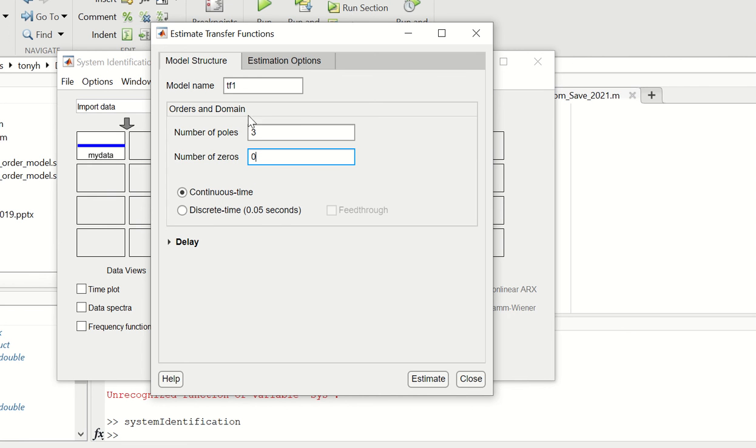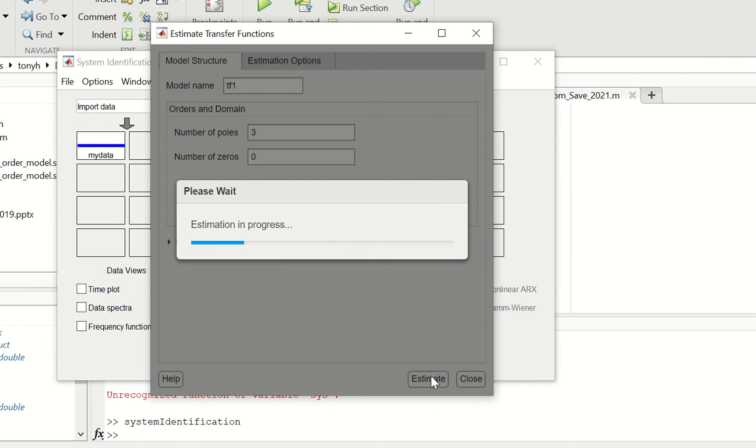You don't always know this, so you might have to try different combinations of numbers here and see which one works best. This allows you to choose the number of poles, that's things on the bottom, and the number of zeros, that's things on the top. And you can then go for continuous time and click on estimate.